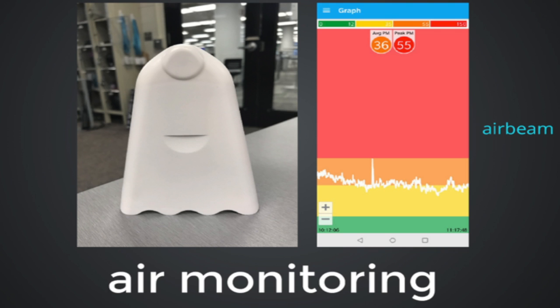And finally, air monitoring. So this is one of many kinds of handheld air quality sensors. I like this one because it looks like a ghost. And this will measure different kinds of what are called particulate matter.